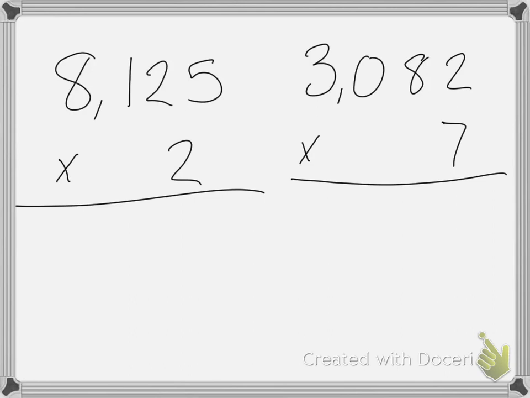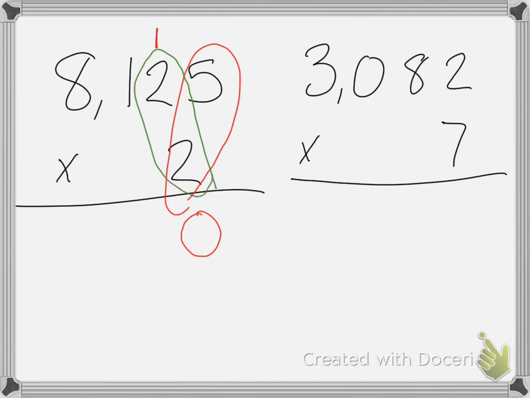Hey, let's do some bigger ones. Here I have 8,125 times 2. Okay, so again, we start with 2 times 5. That's 10. I carry the 1. Do the next one. 2 times 2 is 4.